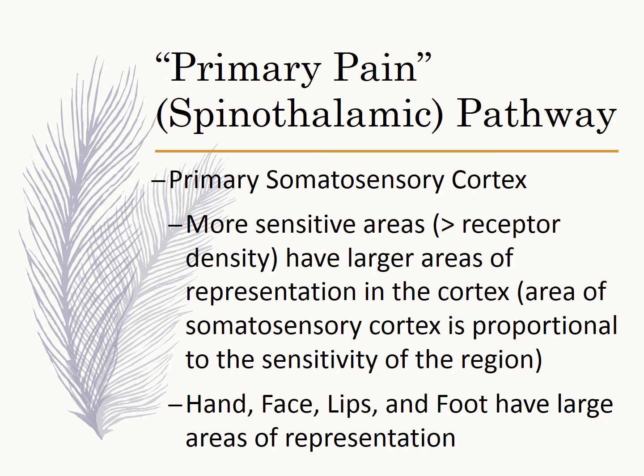The lips are gigantic, and the foot is also very large. But relatively, when you look at the lower extremity, it's quite small compared to the amount of cortex devoted to these other regions. So the areas for the proximal part of the upper extremity, the lower extremity, and the trunk are relatively small on the cortex, while the hand, face, foot, and the lips are very large.